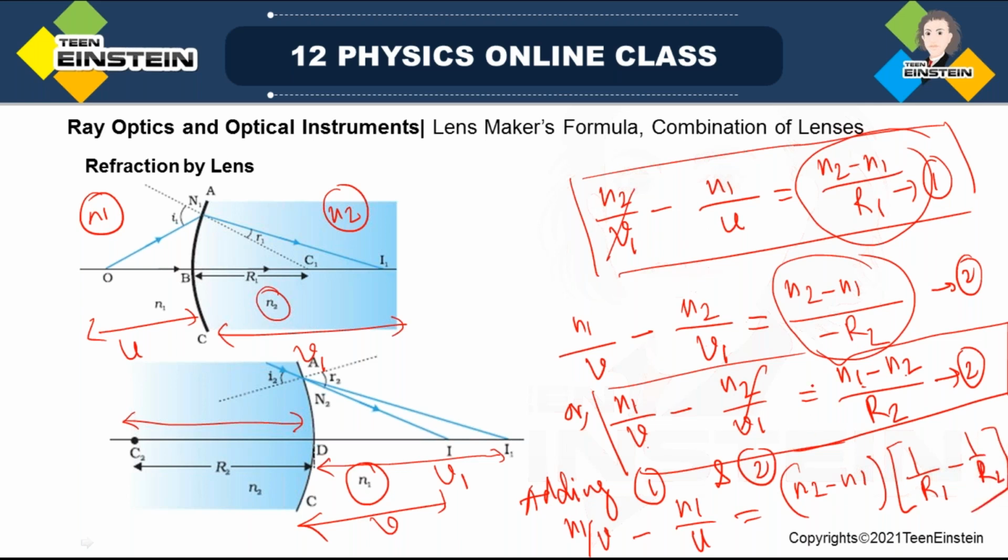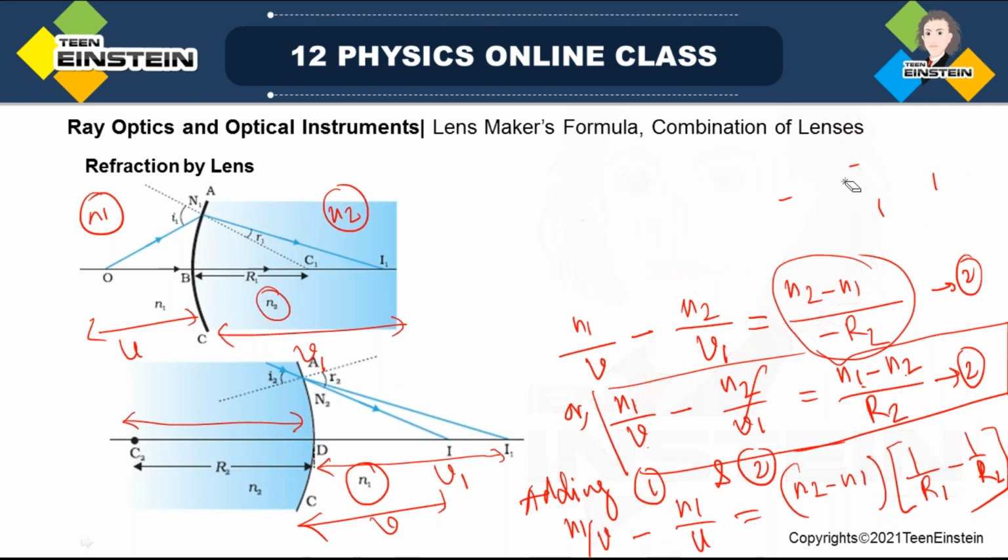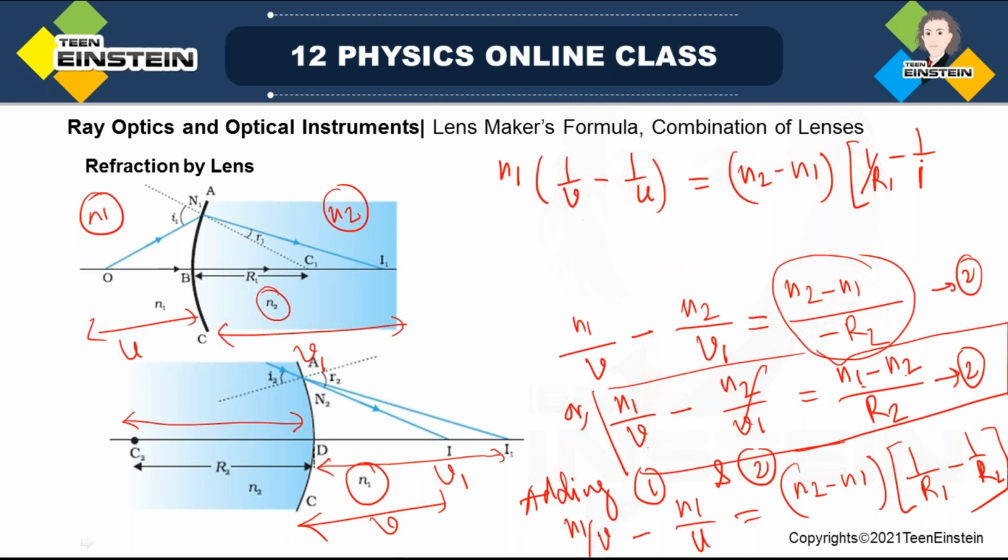Freshly writing what I got after simplification: N1 common, 1 by V minus 1 by U is equal to N2 minus N1 whole into 1 by R1 minus 1 by R2.